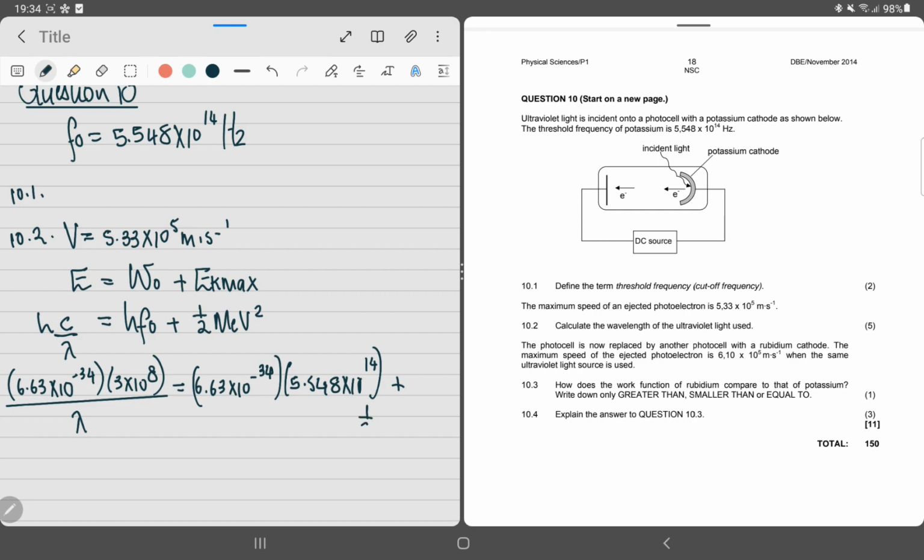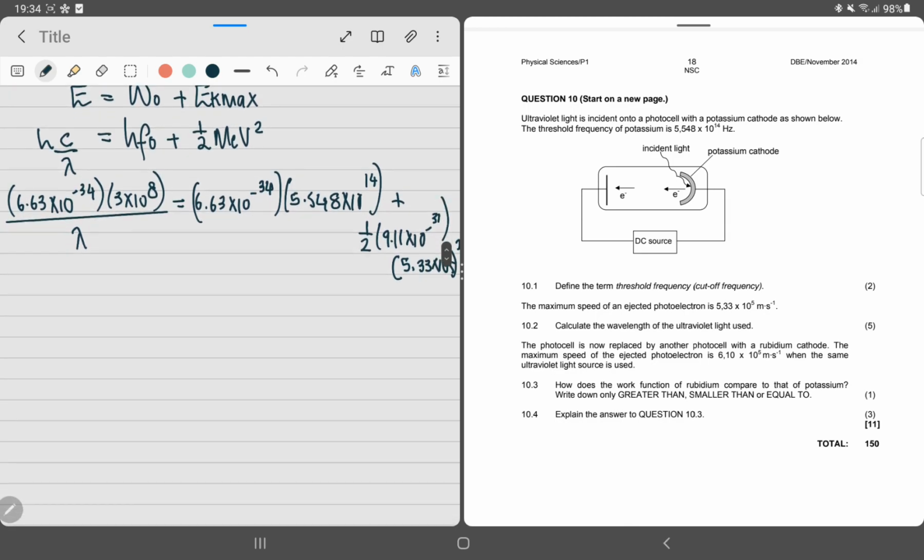plus half the mass of electrons times 10 negative 31 multiplied by 5.33 times 10 to the exponent of 5 squared. Times 10 negative 34 multiplied by 5.548 times 10 exponent of 14.